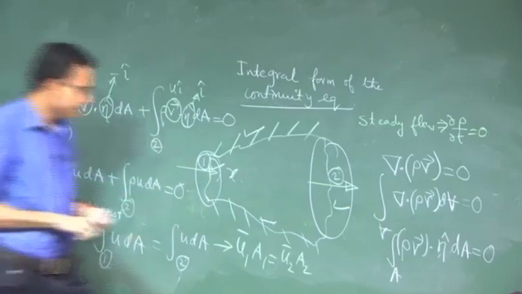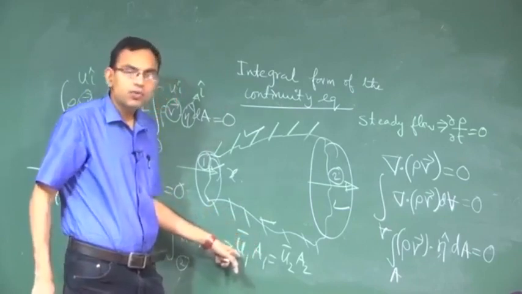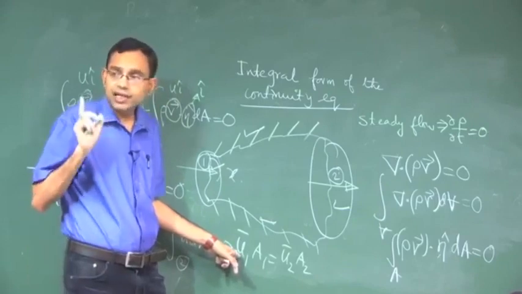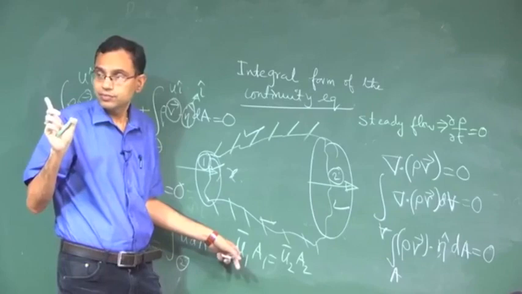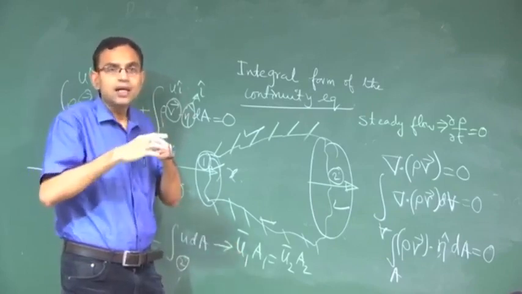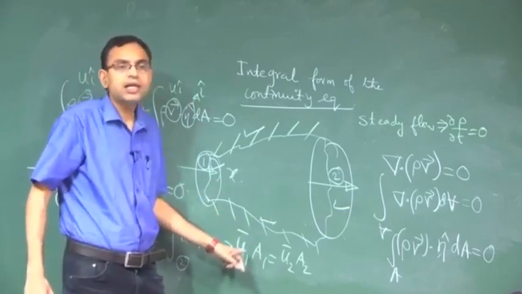Remember that this V1 or u1 average, whatever you call it, is the average velocity at section 1, not the velocity at point 1, because many students, with a misunderstanding, interpret this as velocity at point 1.